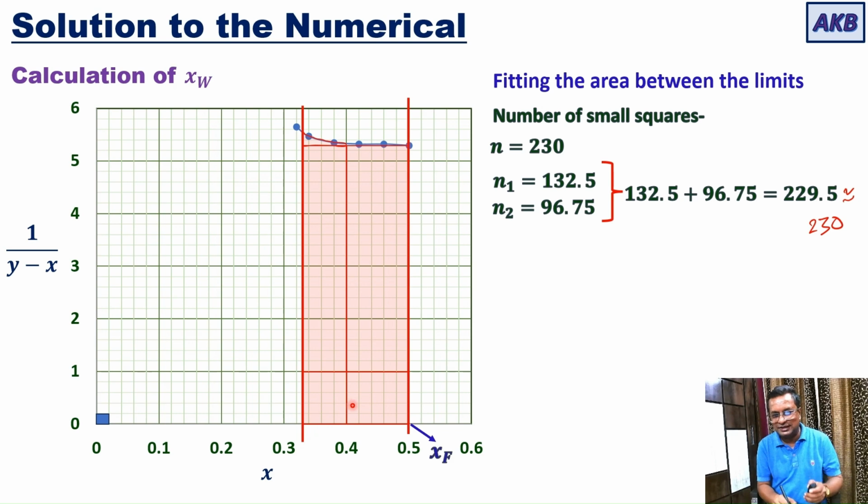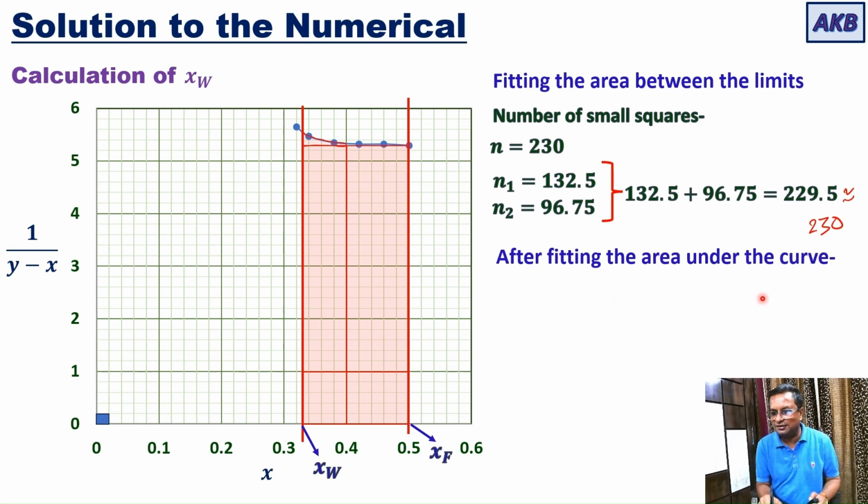I have fitted the area between the two limits, and by fitting the known area, I have got the lower limit. What is that lower limit? 0.33, that is nothing but XW. After fitting the area under the curve, XW comes out to be 0.33, and that was the objective, the calculation of XW. I hope you have understood it.